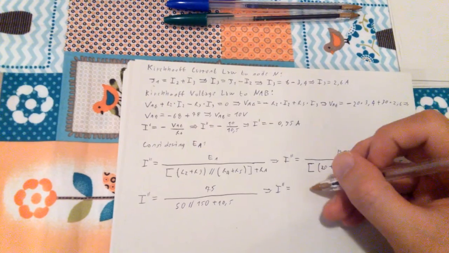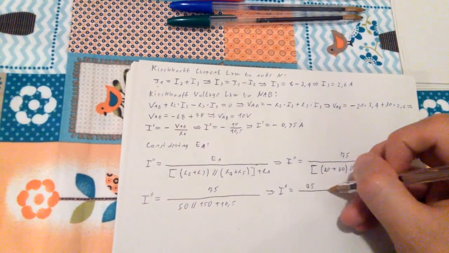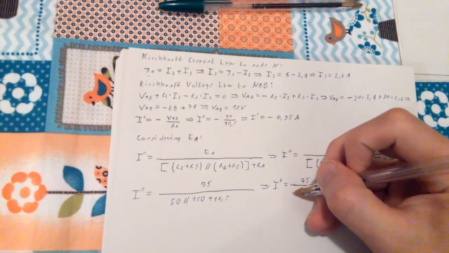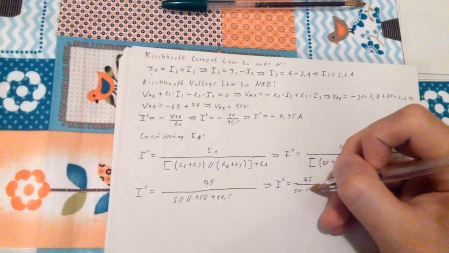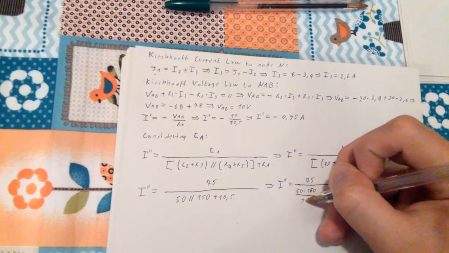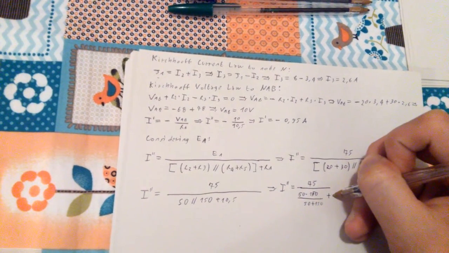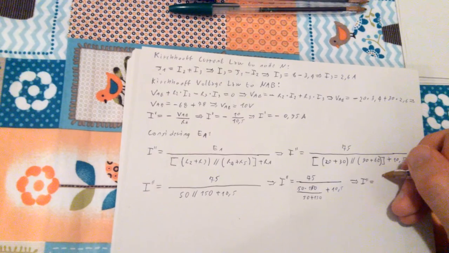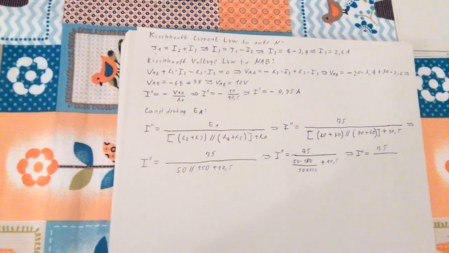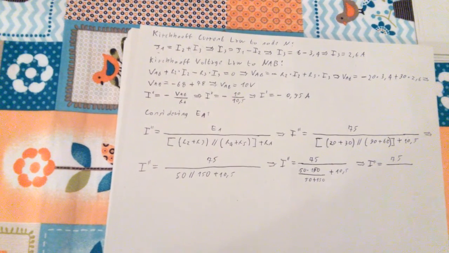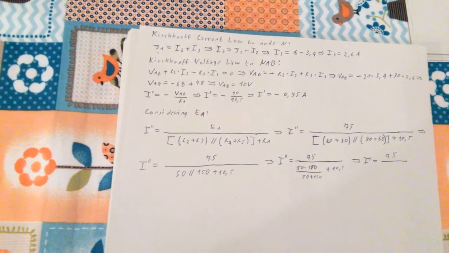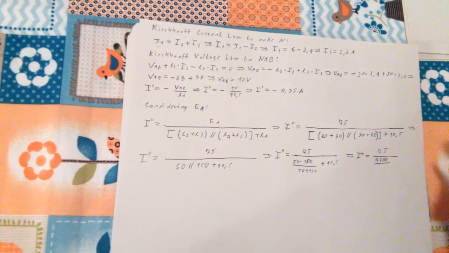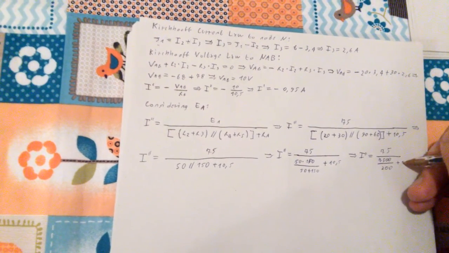So I second is 75 over 50 times 150 over 50 plus 150, all plus 10.5. 50 times 150 is 7,500, and 50 plus 150 is just 200.